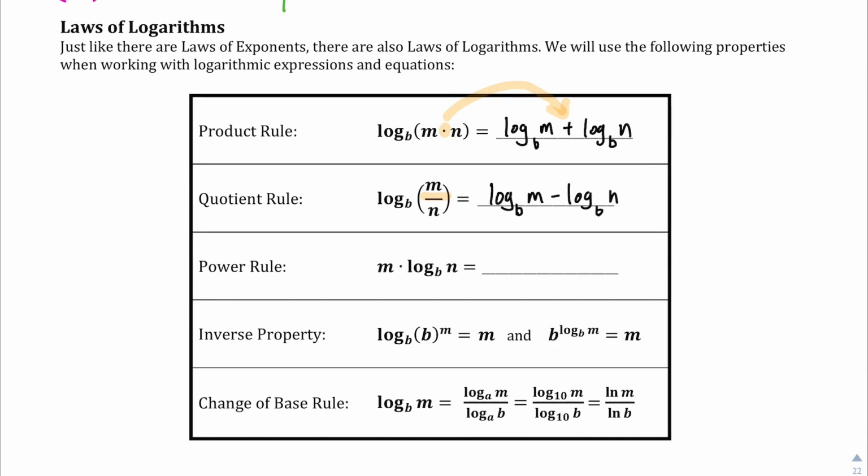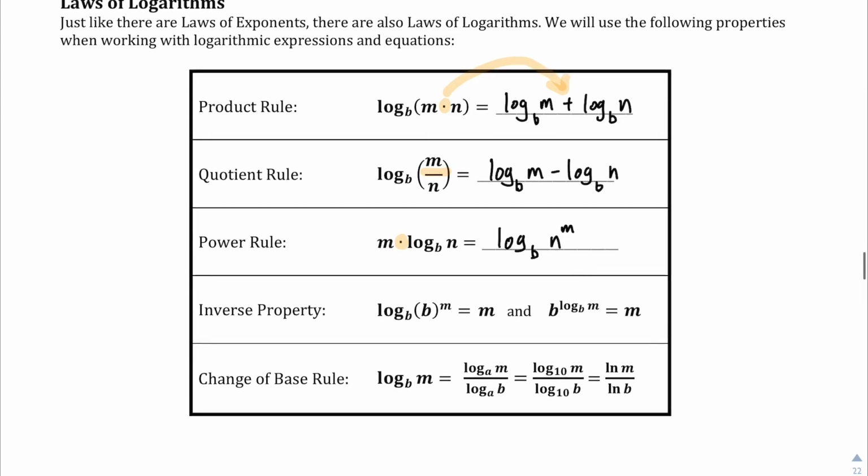This is our power rule. When we have a constant or variable multiplied by a logarithm, that results in the value being raised to the power of that coefficient. That's our power rule. And then our inverse property.